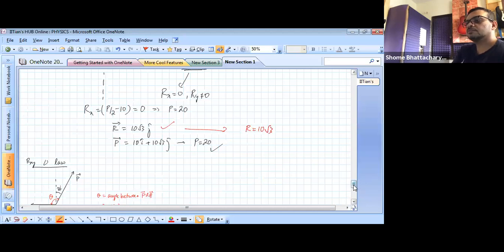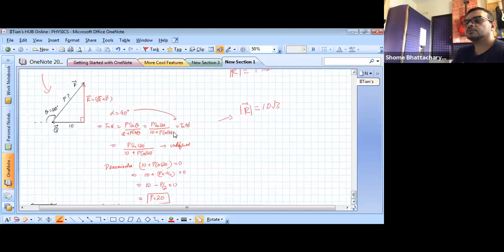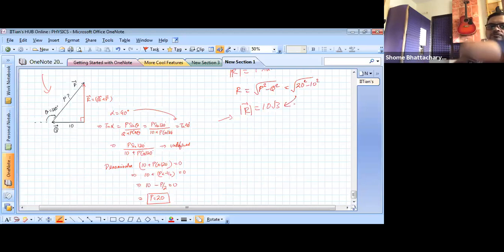Or if you're doing by this method now, you'll have to understand from this right angle triangle that this resultant will become square root of P square minus Q square. So now that will become. Or you can apply tan 30.